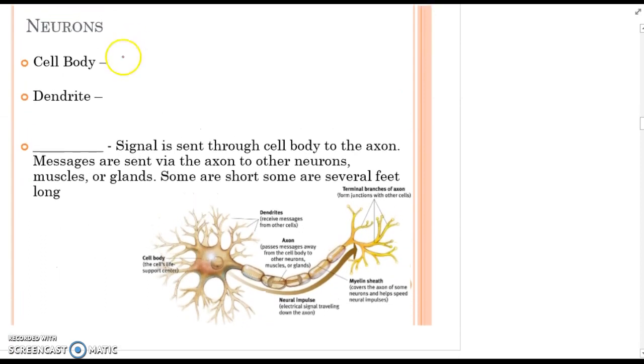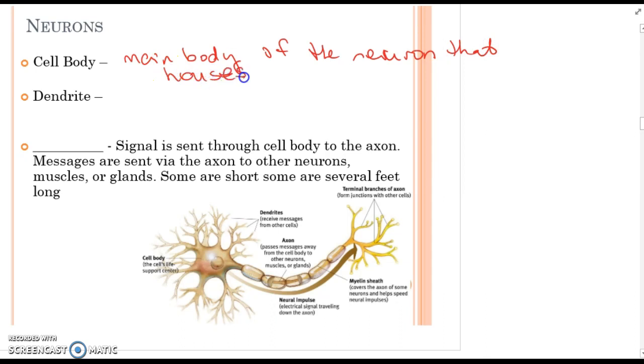The cell body of the neuron is where the nucleus is. So when they say it houses the nucleus, all that means is that's where the nucleus is. Okay, and the dendrites are fibers that actually get information.